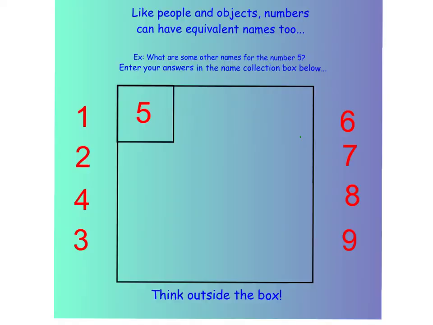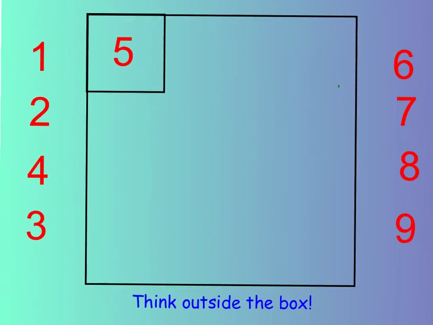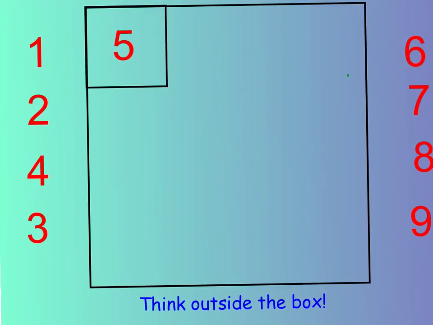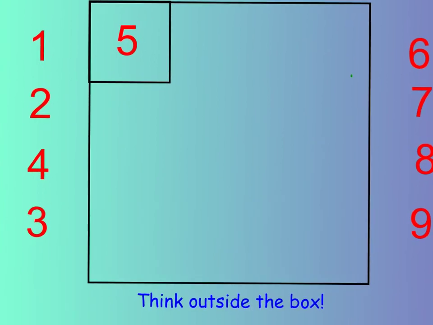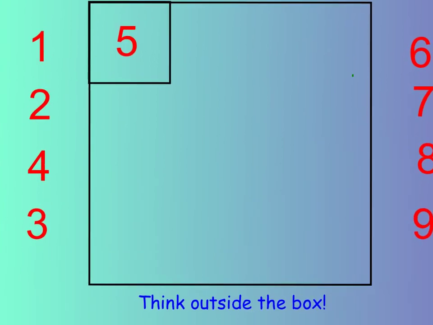Just like addition facts, people, and objects, numbers can have equivalent names too. Not only can numbers have equivalent names with addition facts, but they can also have equivalent names for other things. Let's look at this name collection box that I drew, just like the Mrs. Childs name collection box. I picked the number 5. What we're going to do is think of other things that are equivalent to 5.